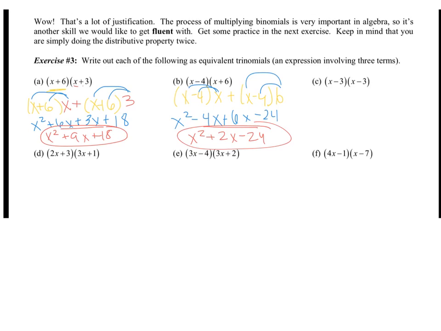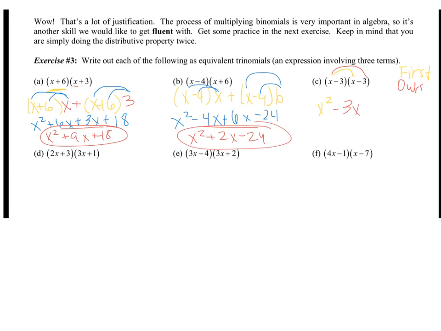Instead of writing it out every time, you can simply do what's called FOIL. So you do the first number times the first number, which is x squared. So F is for first. Then you do the outside numbers. So x times negative 3 is negative 3x.